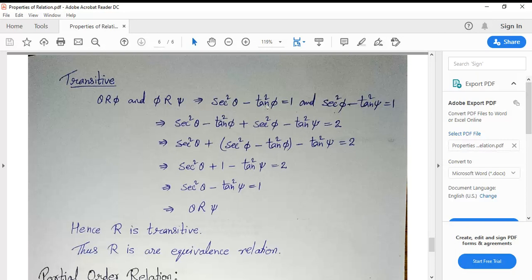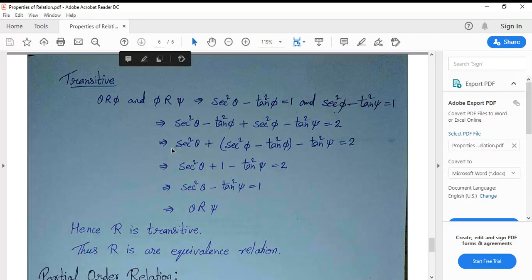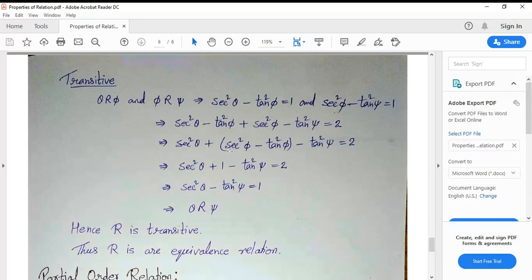Now we take both of these and add the left parts and the right parts. Then we get secant square theta minus tan square phi plus secant square phi minus tan square psi, which is equal to 1 plus 1, that is 2. Now we solve this. Secant square theta plus secant square phi minus tan square phi minus tan square psi equals 2.